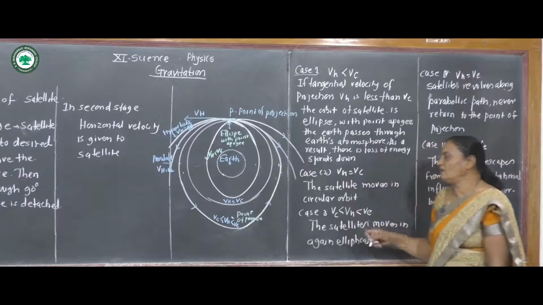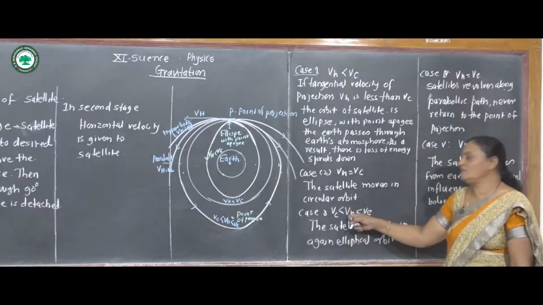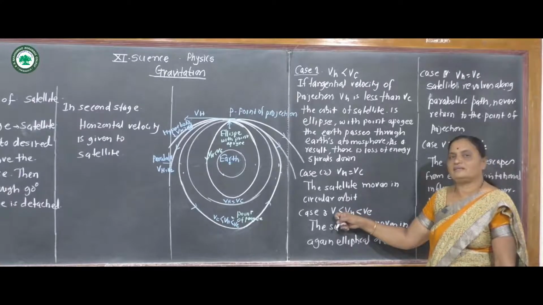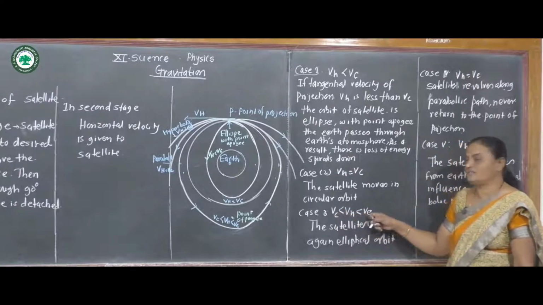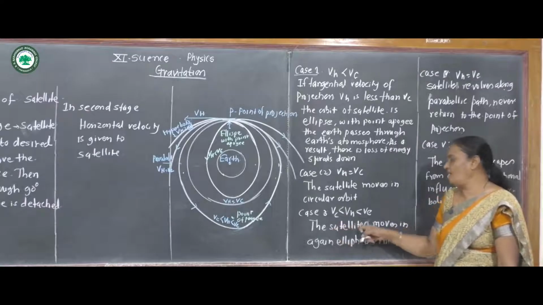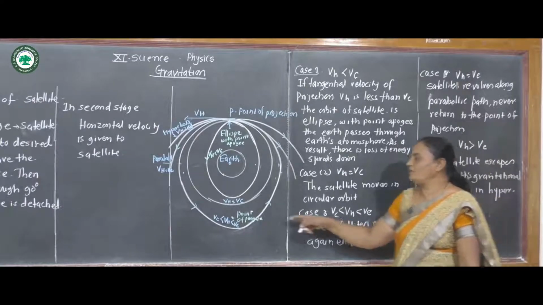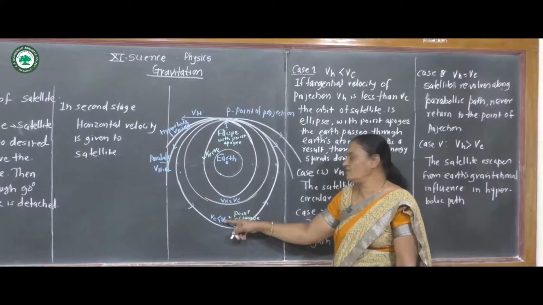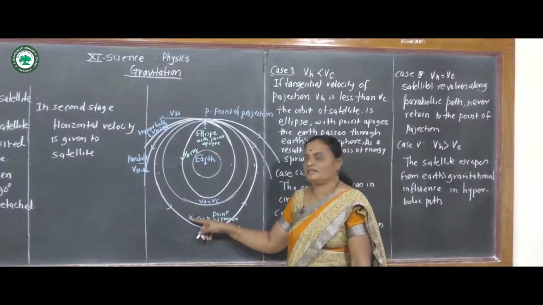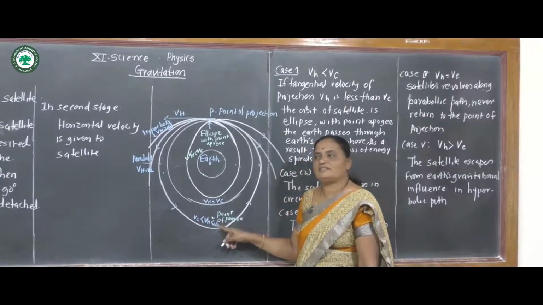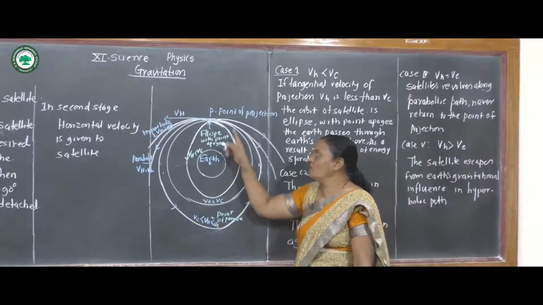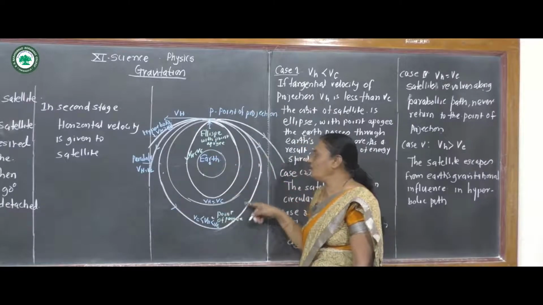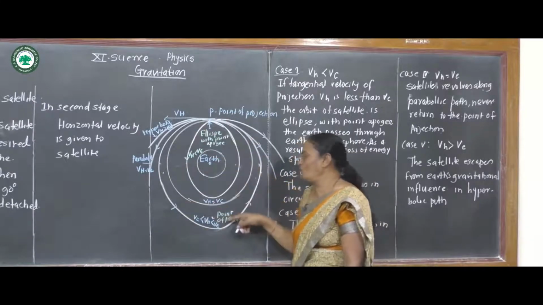See, in the third case, when the horizontal velocity of projection is greater than critical velocity but less than escape velocity, the satellite moves again in an elliptical orbit. The motion of the satellite is in the elliptical manner, in the elliptical orbit.